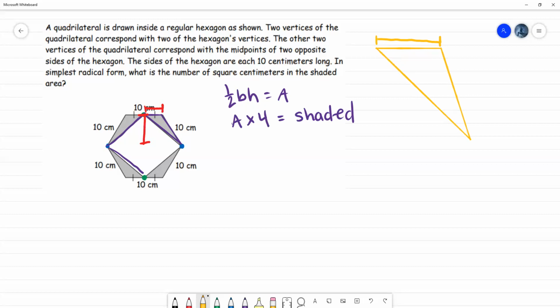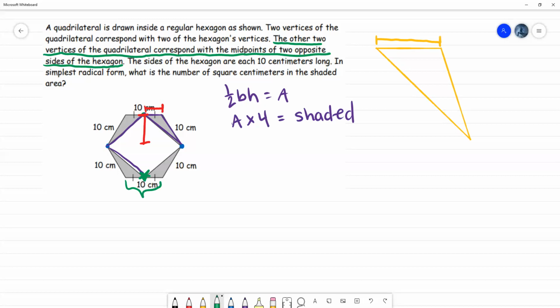To find out that, we just have to look at the problem. In the problem, it states over here that the other two vertices of the quadrilateral correspond with the midpoints of the two opposite sides of the hexagon, meaning that these points right here marked in green are dividing the side length into two equal pieces.